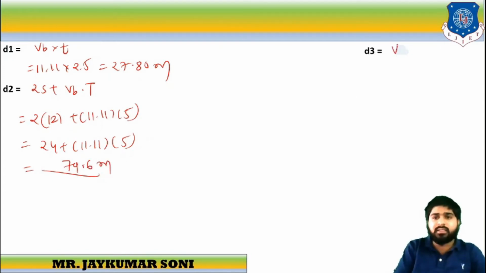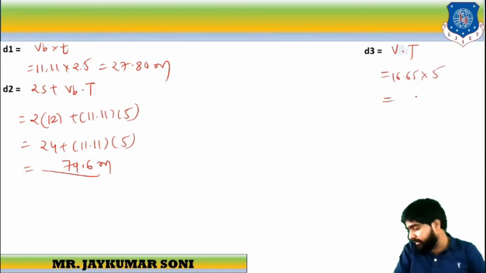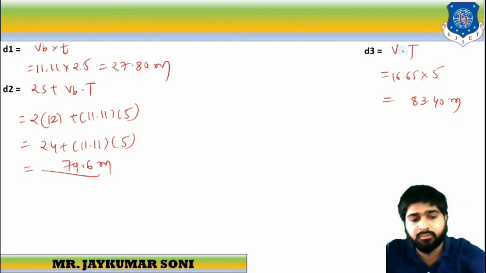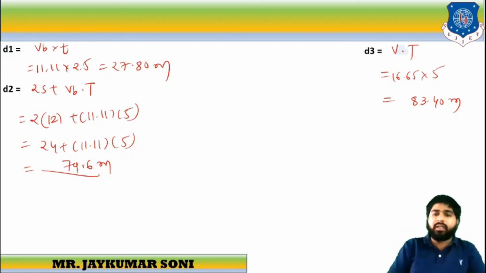And d3 is V into T, so this will be 16.65 into 5, and ultimately it will give 83.40 meters. So d3 will be V into T. We have the value of V, we have the value of T. It will be 83.40.